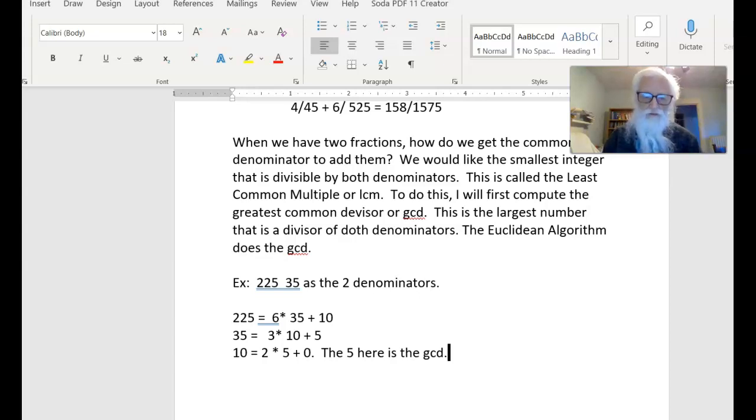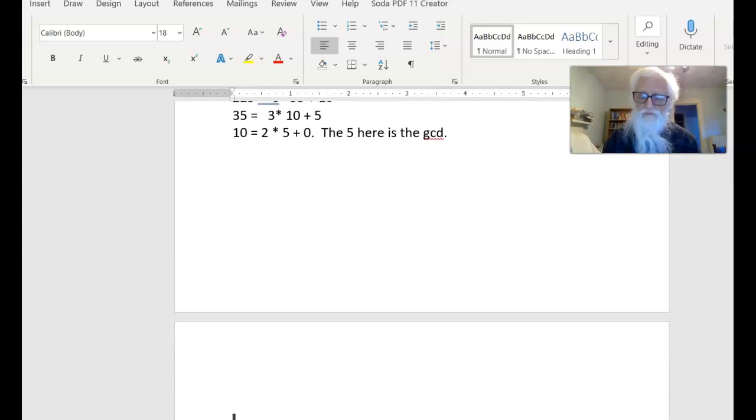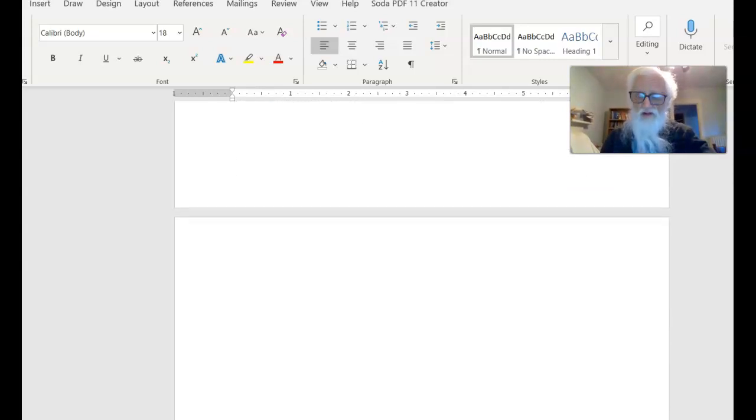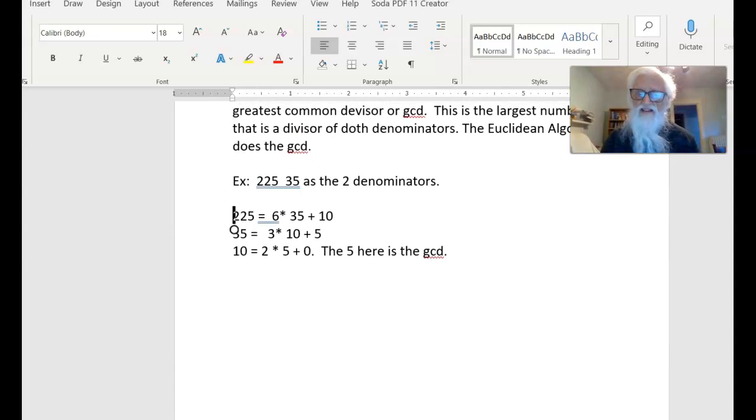Now, once I do that operation, then the LCM equals, take the greatest common divisor, multiply it by the first denominator, say denominator 1, divided by the GCD, times the second denominator, divided by the GCD.